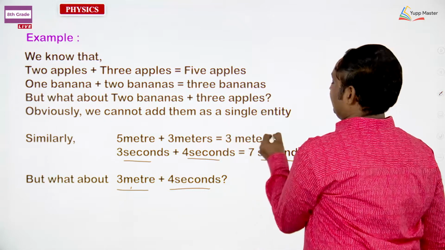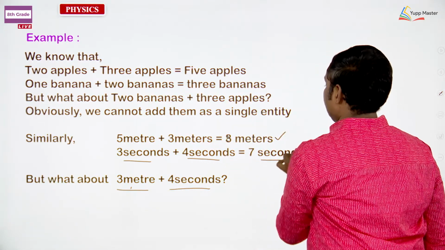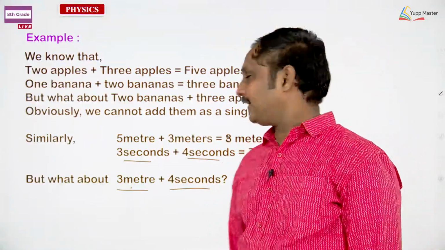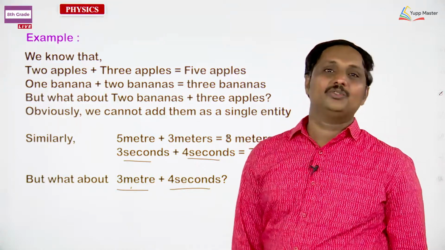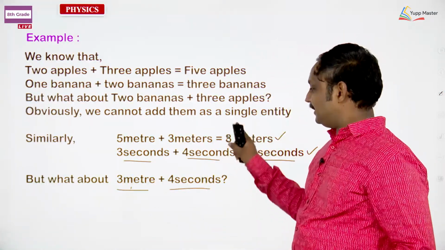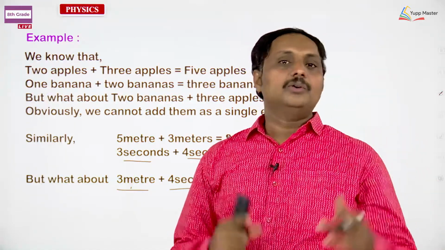In the previous cases, what we have taken is 8 meters, and 4 seconds plus 3 seconds is going to be 7 seconds. Previously also, you can take meter. Finally, what can we conclude?